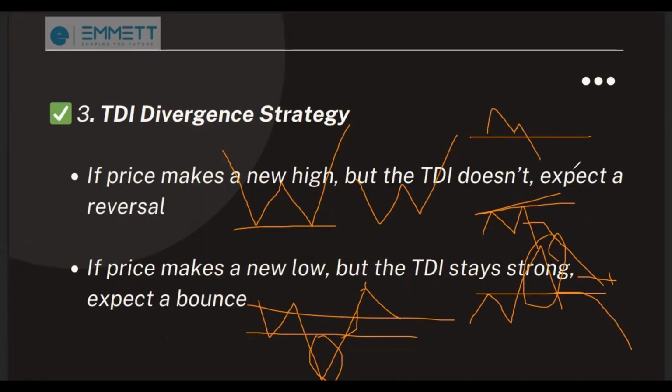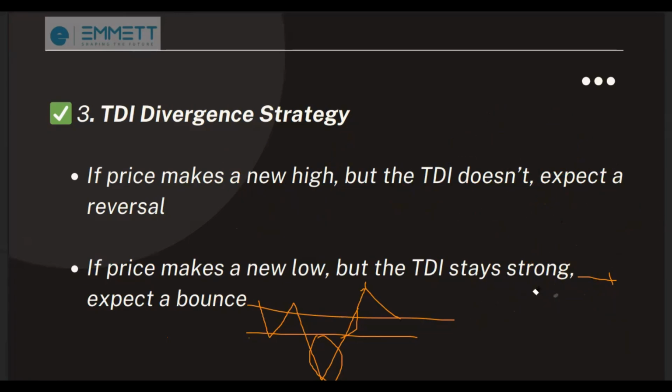Even though on the chart it looks like this, at the TDI it looks like this. Again, this is a liquidity grab, so we are looking for the market to go down. So we have two types: the regular one, and the hidden. Hidden means you're not necessarily going to see it, unless you've really mastered how to use the TDI.